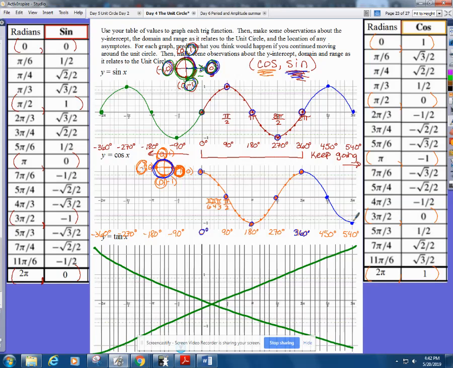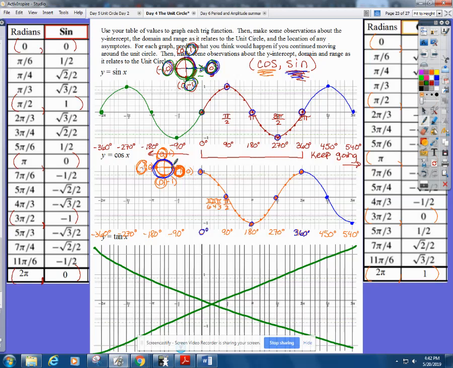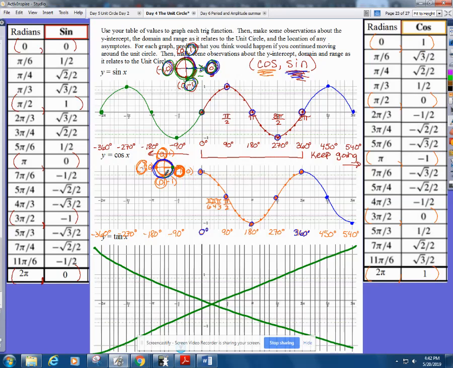We could rotate around the circle in a negative direction. I'll do that in green. So that means we would start on the circle right here and go this way. What points will we hit? Well, we'd start at 1, which is right here.